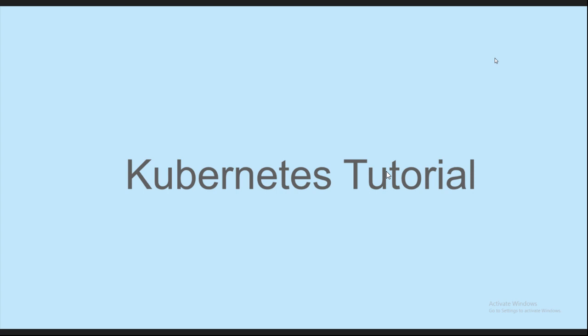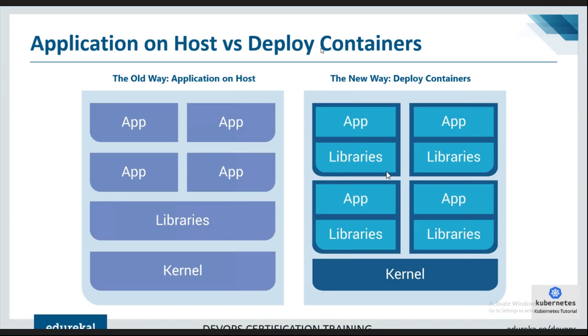Now, first of all, if we take a look at the application on host versus deployment containers: the old way was that when the application was deployed on the host, there were multiple applications, and we had the libraries and the kernel attached to them. Now, in the container deployment scenario, each and every application is clubbed with its own libraries. That means each application can work independently and autonomously, because it is no longer dependent on libraries as an independent part.